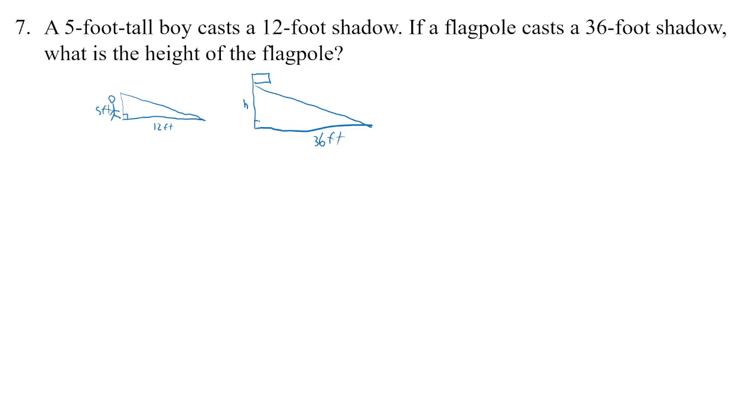So when you draw out the triangles, you will see that the triangles are similar. Therefore, we got to set up a proportion. So you have 5 over H equal 12 over 36. So what we're going to do, we're going to cross multiply.